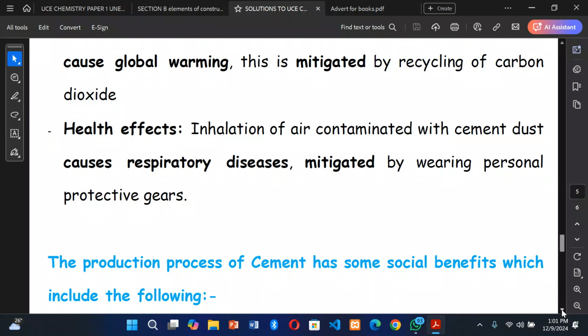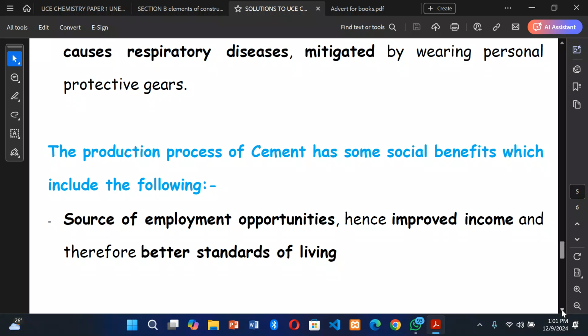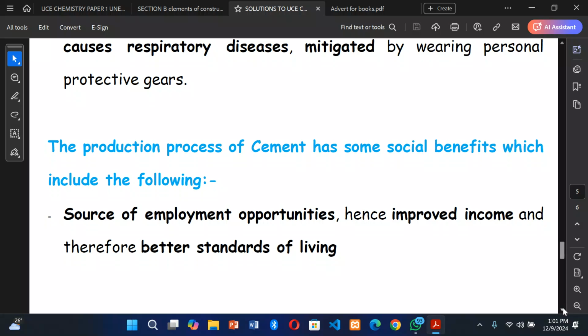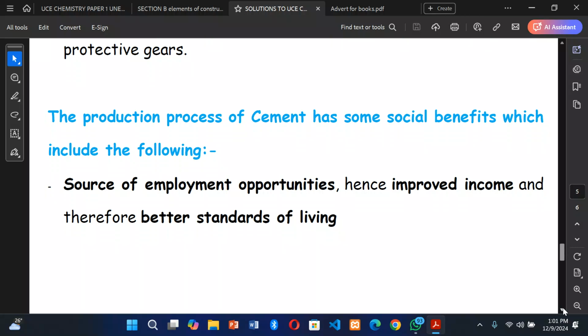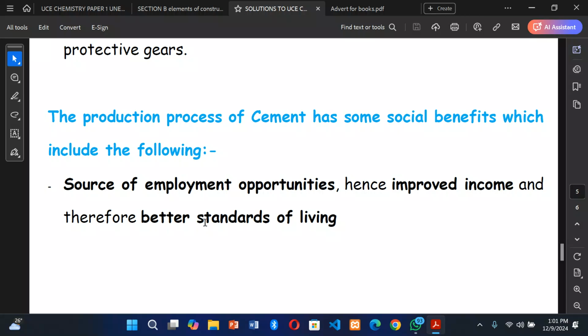Then, lastly, we talk about the production process of cement and its social benefits. How important is it to the community? How is that process important? This point can't miss: employment opportunities. That's why I say a learner can never get a 0 in chemistry unless there is a problem.